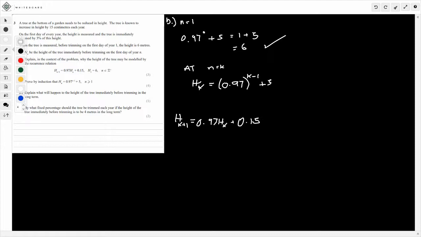Let's keep going with this. We know h of k is this, so we're going to substitute it in. That gives me 0.97 times this expression here. This is going to get a little bit messy.